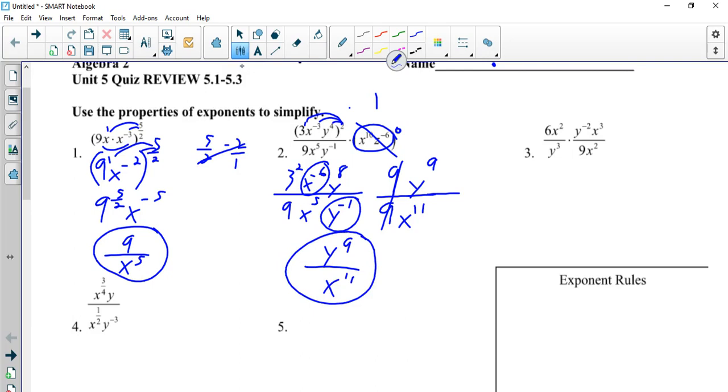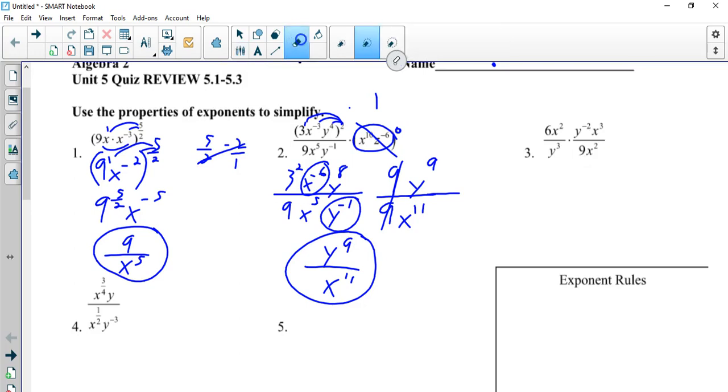Now, number 3, I'm going to do this 2 different ways. I'm going to do it once, erase it, and then come back to it, because it's all personal choice. There's a lot of choices here. You can clean it up and cancel first, or multiply first and then clean it up. I'm going to clean it up first. Now, when I'm doing that, I could cancel this with 2 of these, leaving just 1.